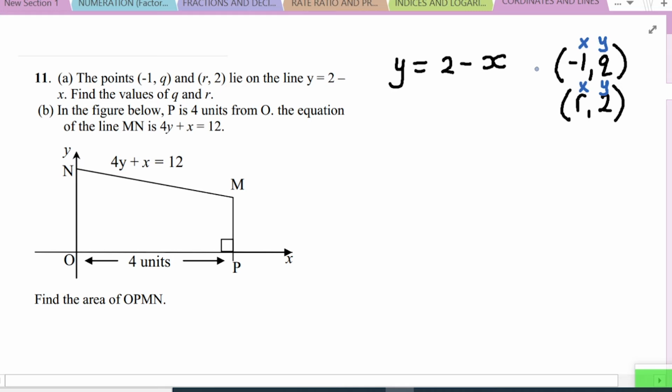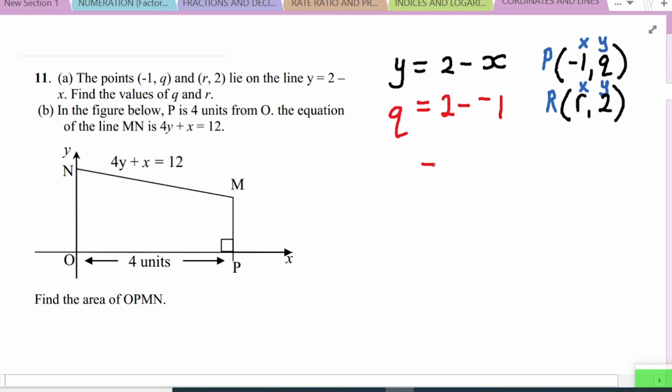For the first point, let me call it point P, and this point R. So for point P, let's substitute. When x is -1, y is q. So when the value of y is q, it's equal to 2 minus x. What is x? x is -1.